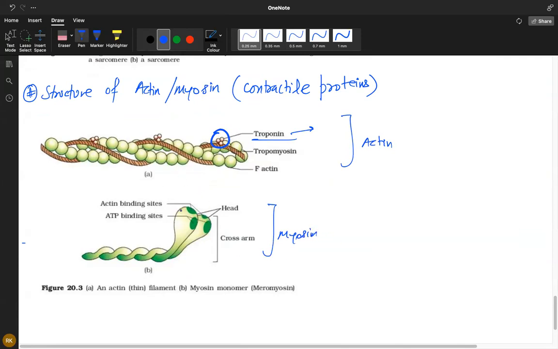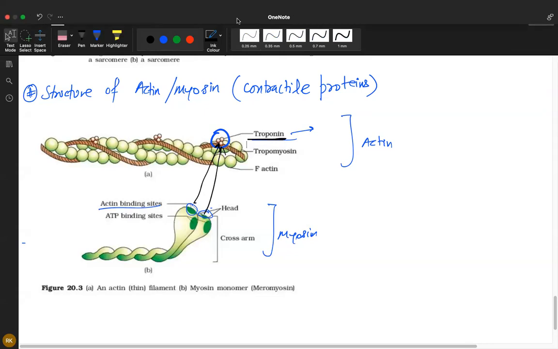Now, can you see these head regions, these active actin binding sites? Basically, these two go and bind here. I'm making it reversed. So these sites go and bind here. But because troponin is sitting there, it acts as a masking agent. Is it clear? Make sense?